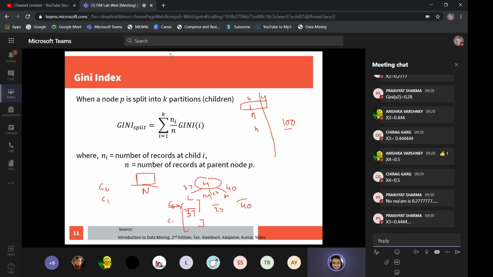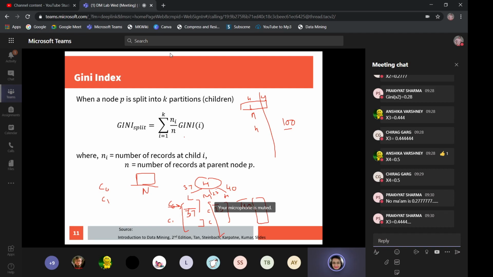And then out of 23, how many are C0 and C1, and you will compute the Gini index at this level, and so on and so forth. So once you have split on height, at each level you are going to use these numbers. This is how you compute the Gini after split.